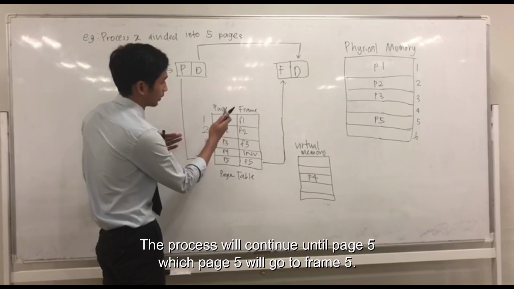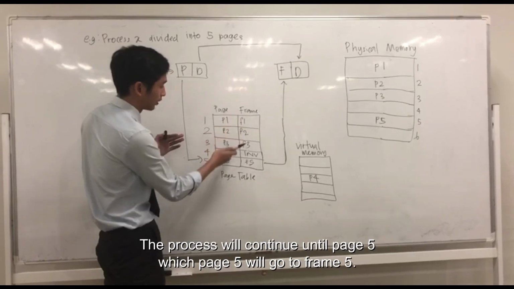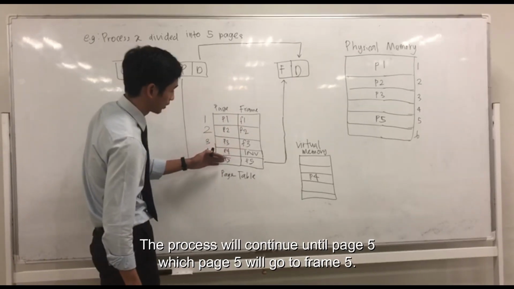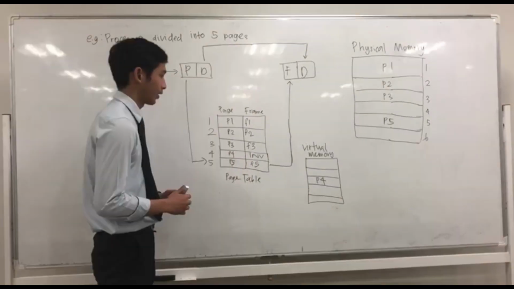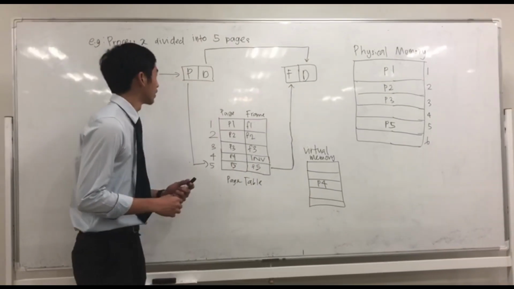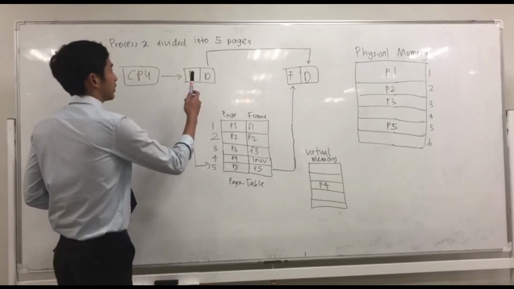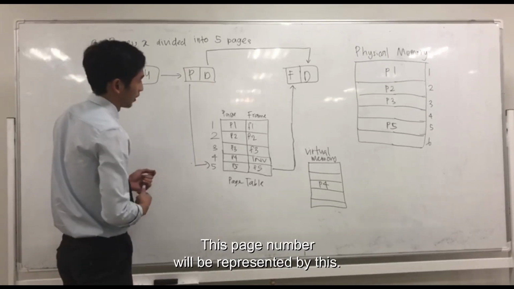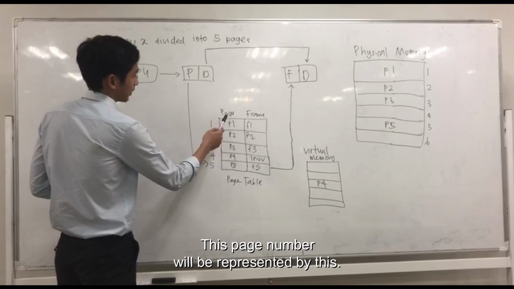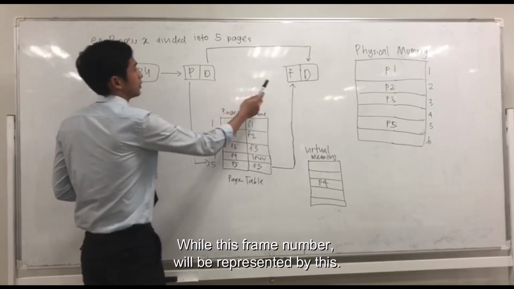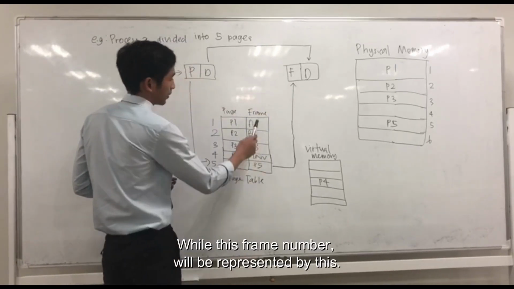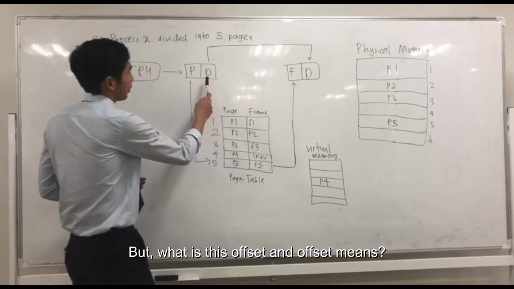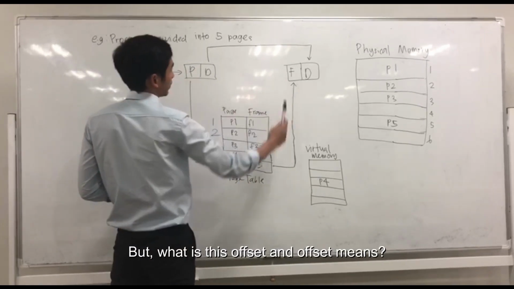The process will continue until page 5, which will go to frame 5. Okay, so this page number will be represented by this, while this frame number will be represented by this. But what does this offset mean?